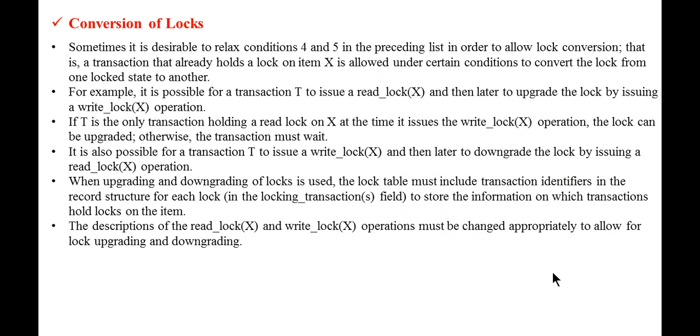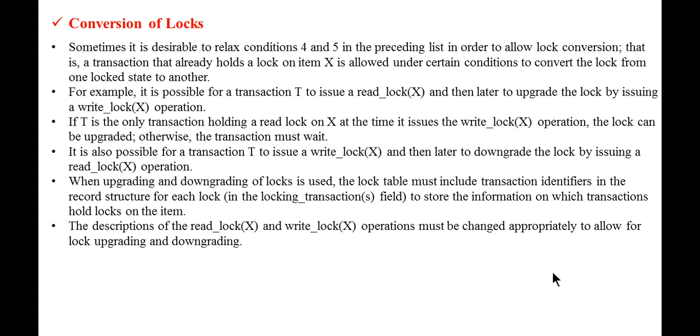Now, conversion of locks. Read lock and write lock are the two types of locks in this scheme. If one item is locked in read mode and later during execution of the transaction a write lock is required by the same transaction, then upgradation can be done. Instead of unlocking that item and looking for a write lock on the same item again, it is automatically upgraded from read lock to write lock.